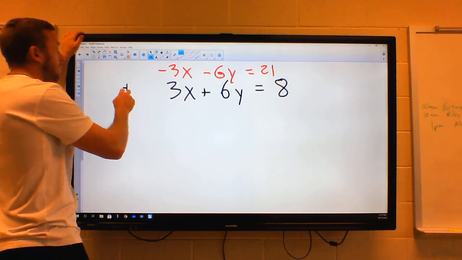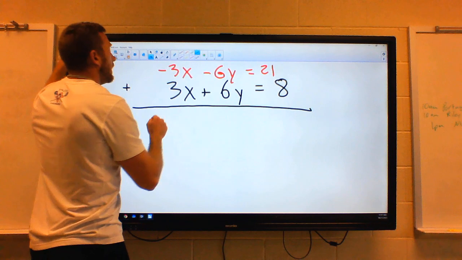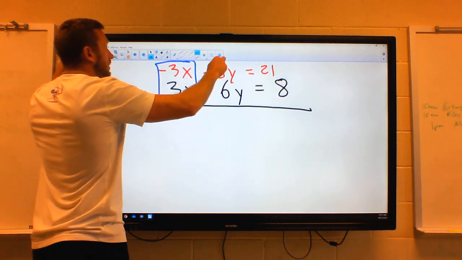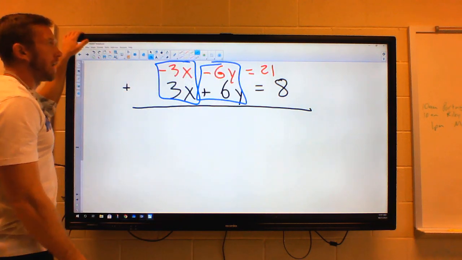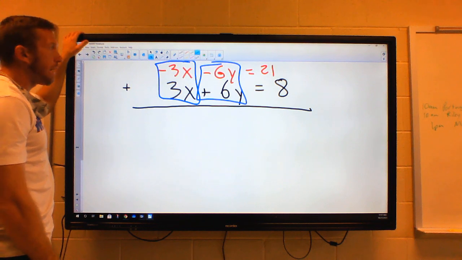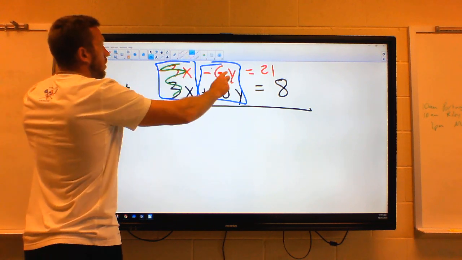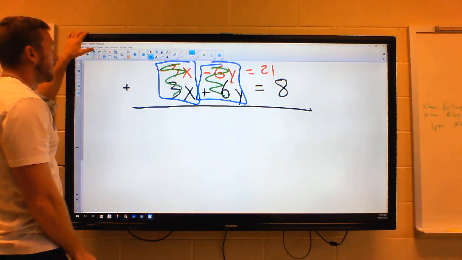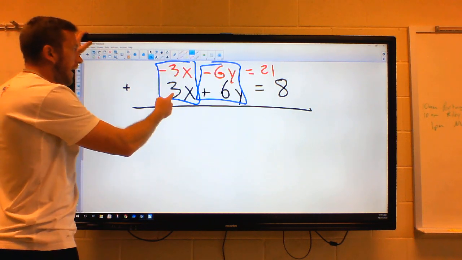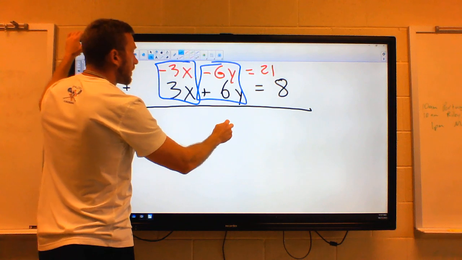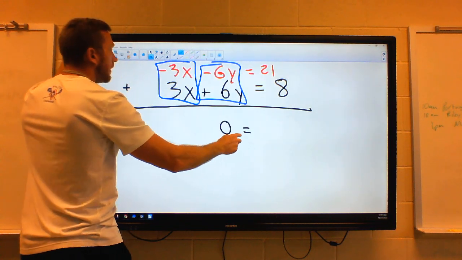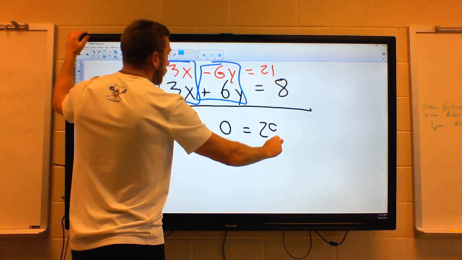The only problem now is that both sets of coefficients are equal and opposite. Well, what's going to happen if both sets are equal and opposite? They're both going to cancel out. Meaning we've got 0x, 0y. Meaning we've got 0 on the left side. And on the right side, we've got 29.